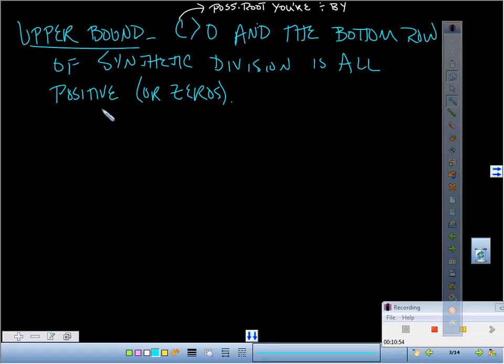They can be counted as a positive number or a negative number. Whichever one I need to use them as, they allow me to do that. All right? So if C is greater than 0 and the bottom row of synthetic division is all positive, then C is an upper bound.